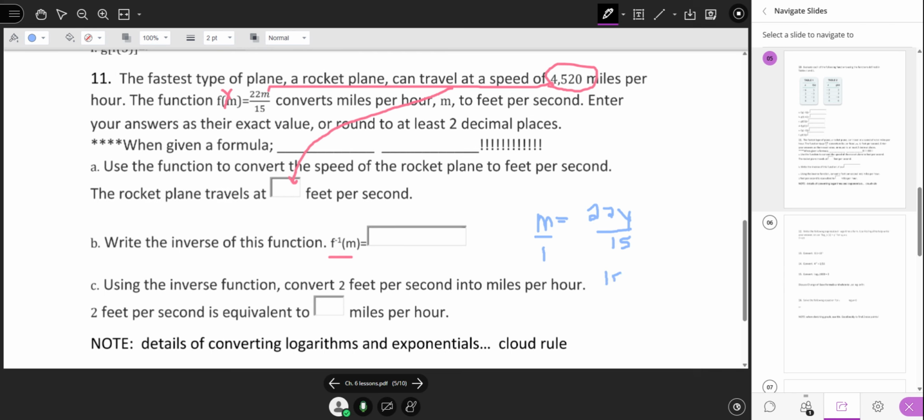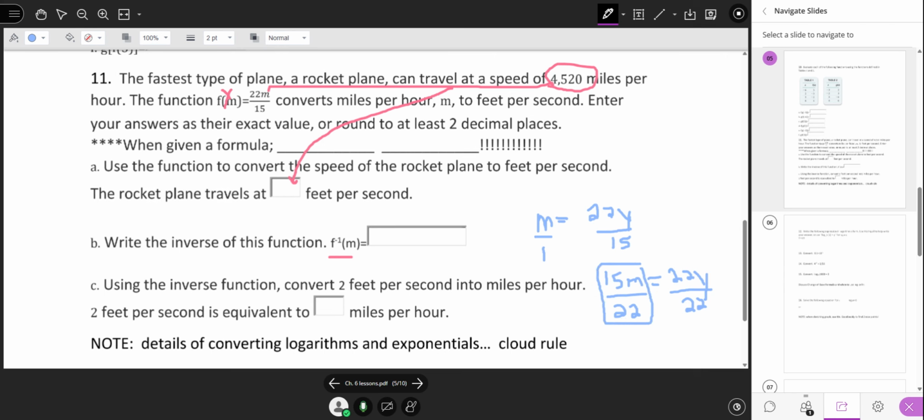So 15m equals 22y. And then I divide by 22. And that happens to be our new formula.